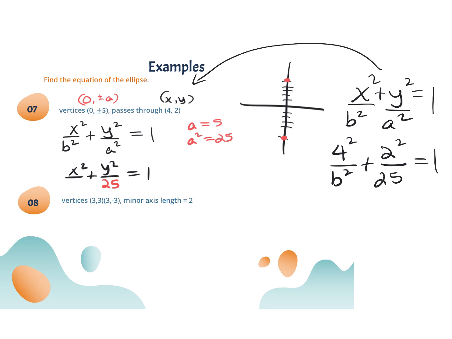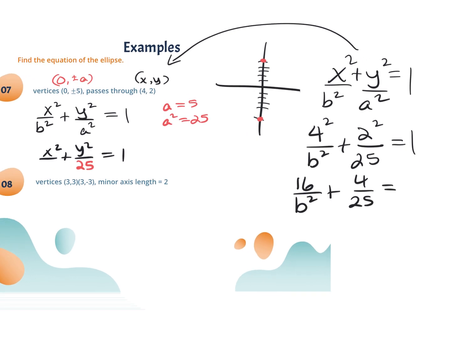So I'm going to square those numerators. I get 16 over b squared, plus 4 over 25, and then this equals 1. I'm going to change my whole number 1 into 25 over 25 because I need to solve this equation. So I'm going to go ahead and subtract 4 over 25 from both sides.